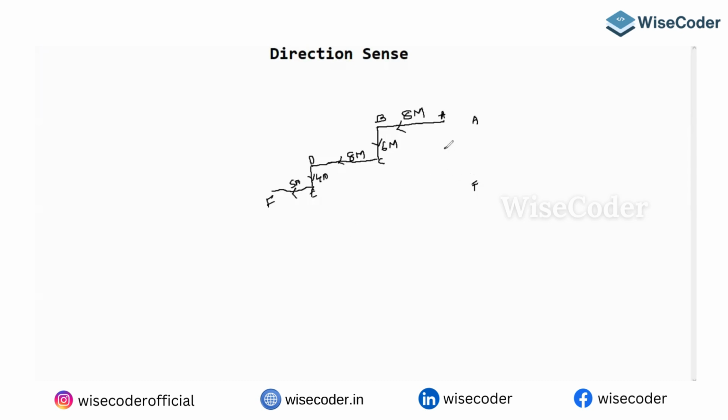Then the horizontal distance will become FE plus DC plus the next horizontal distance, BA.